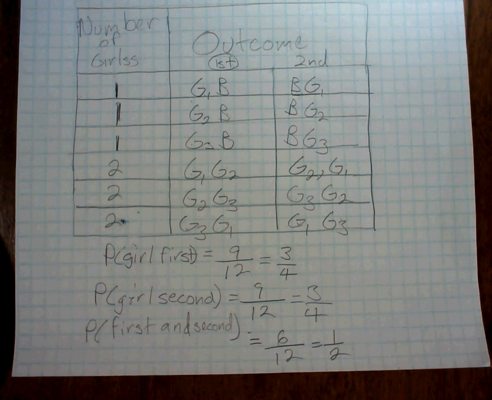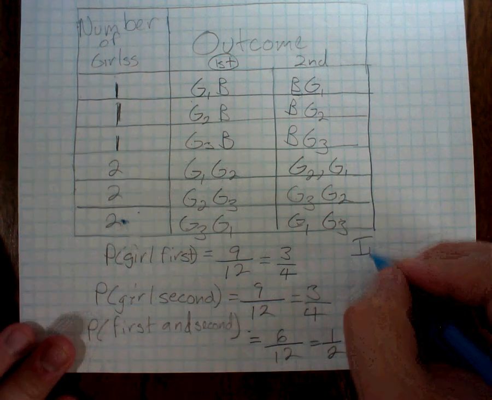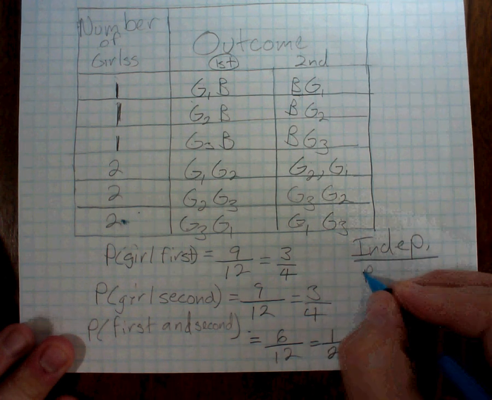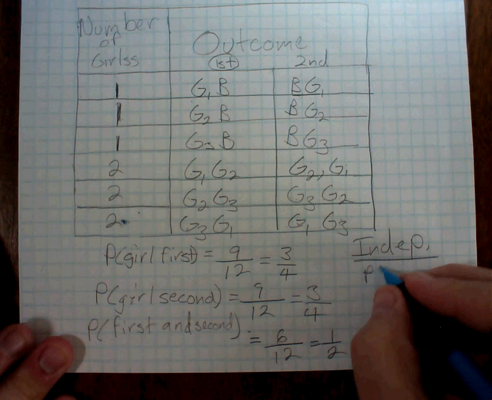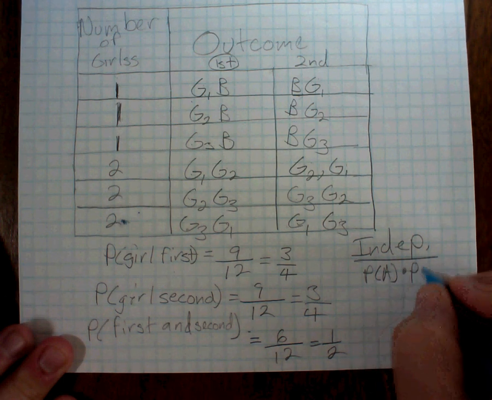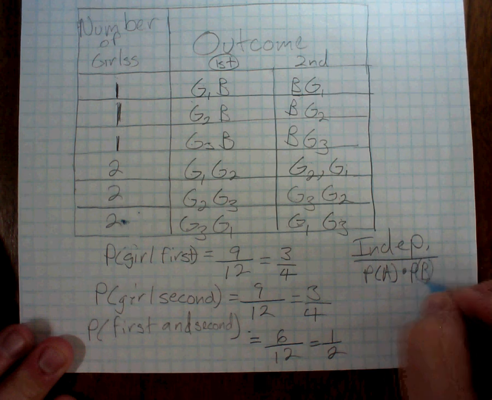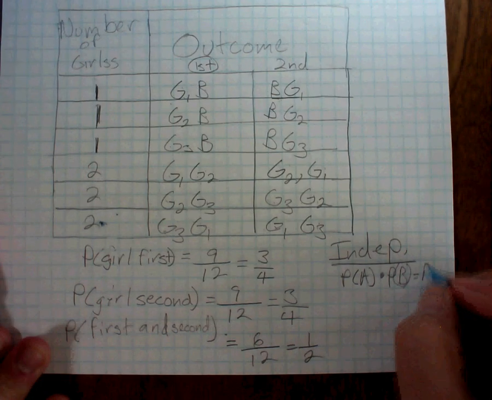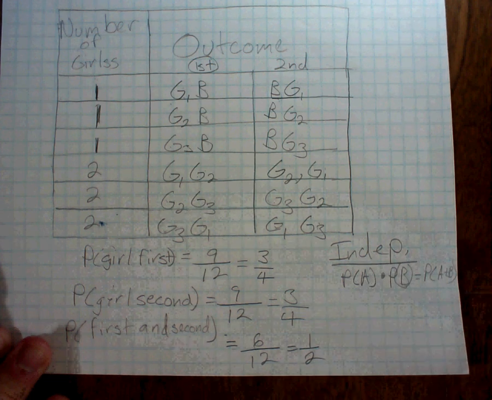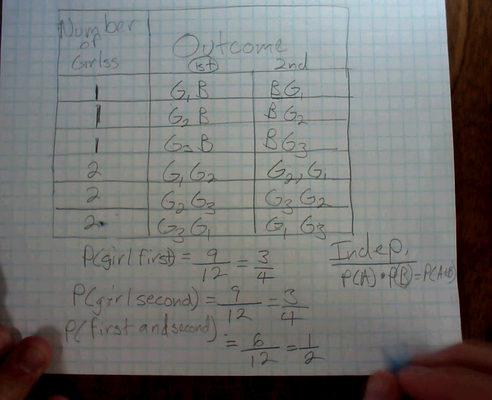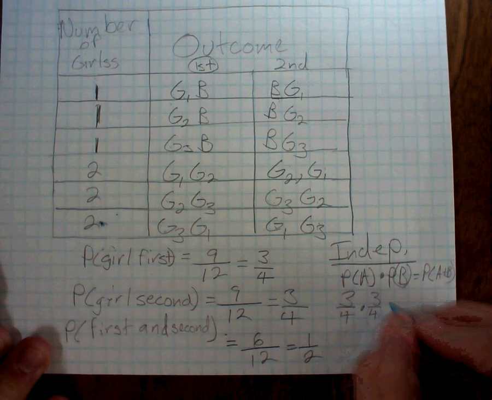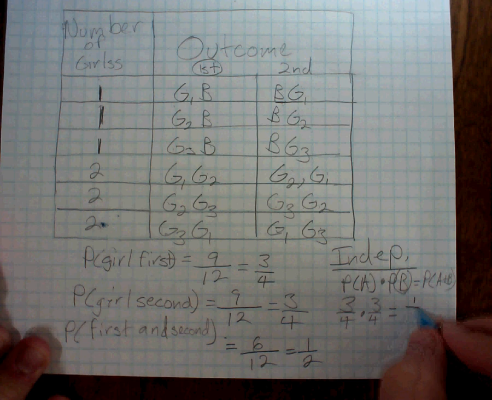So in theory, if they are independent events, then the probability of A times the probability of B should equal the probability of A and B. In other words, 3/4 times 3/4 should equal 1/2.